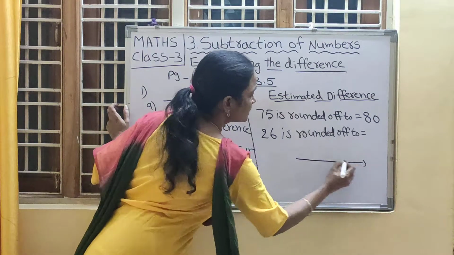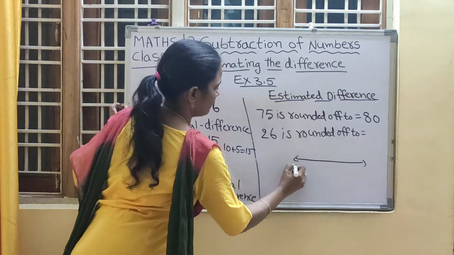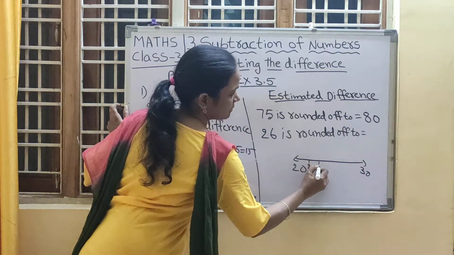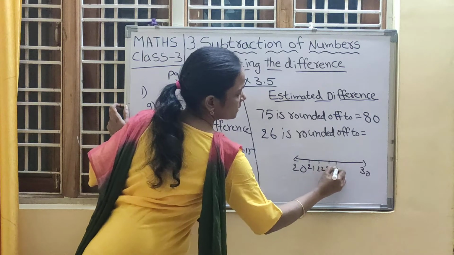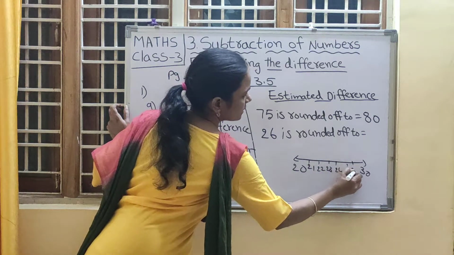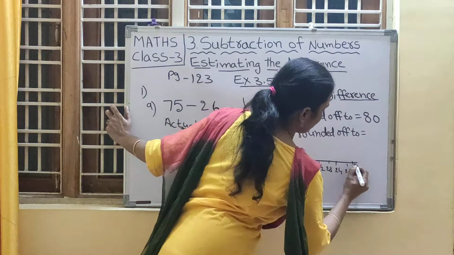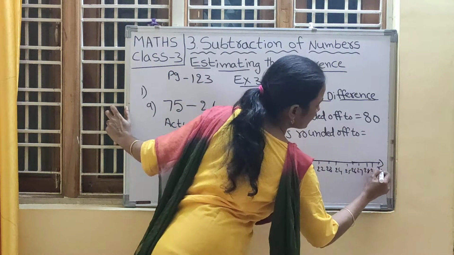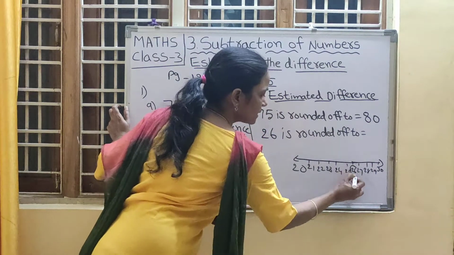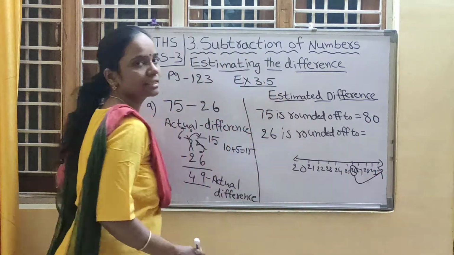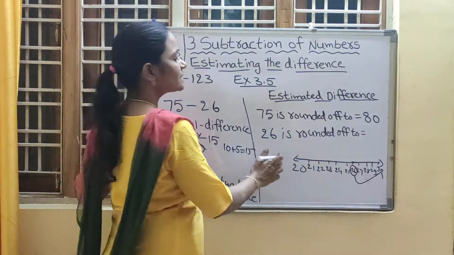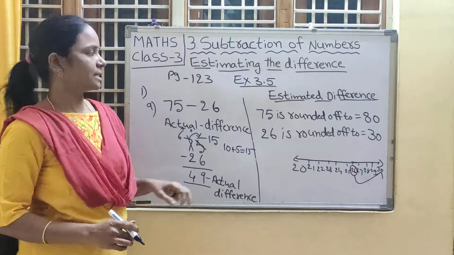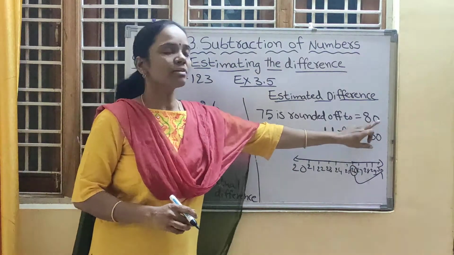We know that it lies between 20 and 30. 21, 22, 23, 24, 25, 26, 27, 28, 29, 30. Where is 26? It is here, and it is nearest to 30, not to 20. So 26 is rounded off to 30. So its estimated value is 30. 75's estimated value is 80.